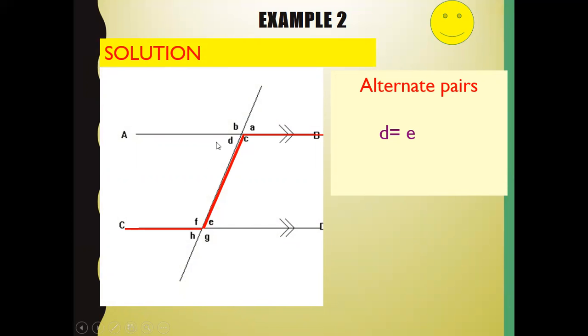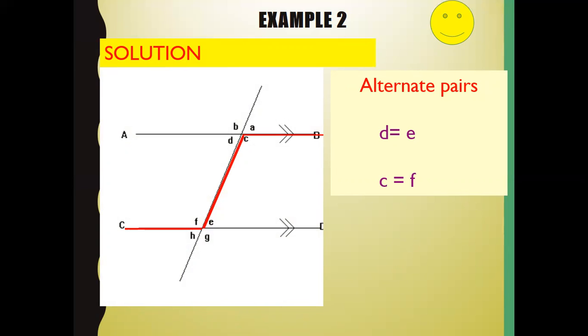So we can also say that C equals F. That is another alternate pair. Like I said, you need to get familiar with tracing the Z to get the pairs. So once you're able to trace the Z, look at the angles inside. Should I say the crevices, or let's just stick with vertices?